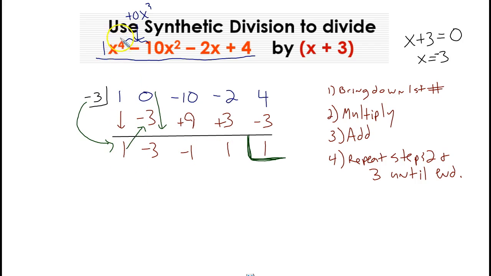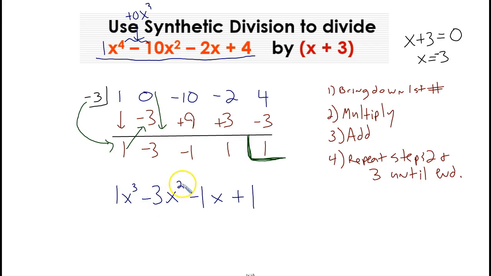It's going to be 1 less than the degree. So that's 1x to the 3rd minus 3x squared minus 1x plus 1.